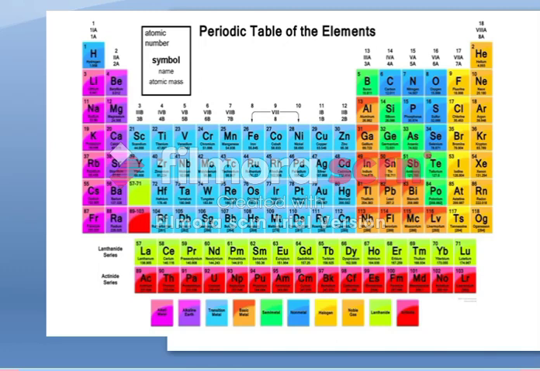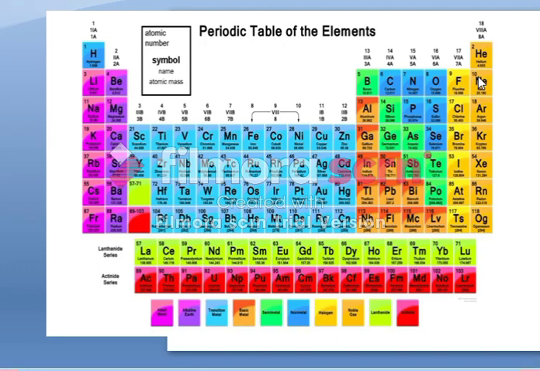Right? Now, when we talk about across the period, meaning when we are moving from left to right, atomic size goes on decreasing. Why is it decreasing? Because as you move from one element to another in a period, the number of energy shells remains the same. For example, the energy shells in lithium, beryllium, boron, carbon, and so on up to neon are the same. That is, they all have two energy shells.